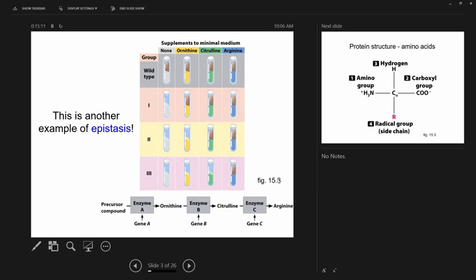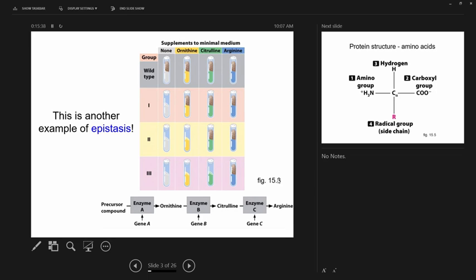Here in mutant 2, you can grow on citrulline but not ornithine. That means enzyme B is defective. And so this would be epistatic to enzyme C. Why is it not epistatic to enzyme A? Because enzyme A can still convert precursor compound to ornithine.